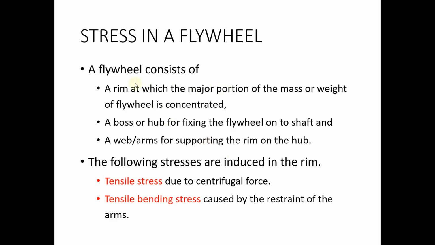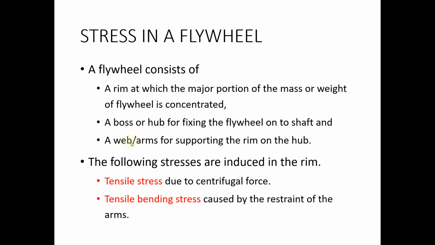The flywheel, as I mentioned, consists of a rim, which is the outermost portion of the flywheel, and it is a major portion where the weight of the flywheel is concentrated. Then we have the central portion, the boss or hub, which is used to fix the flywheel to the shaft, and the portion which supports the rim and the hub or the boss is known as the web portion, which supports the rim to the hub.